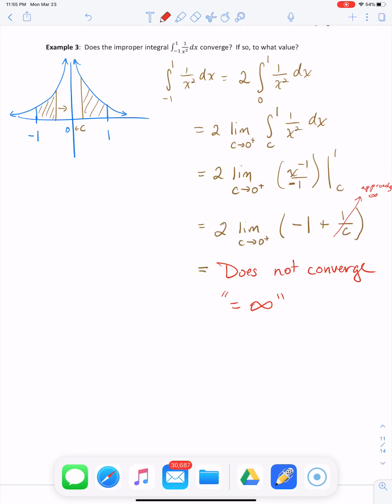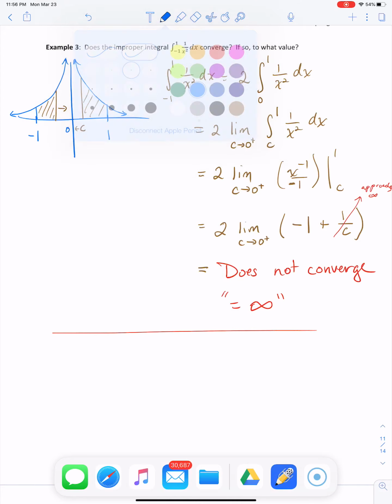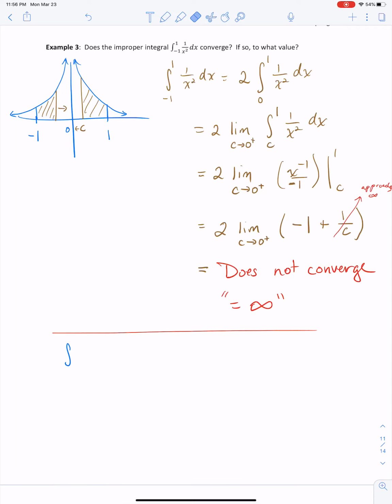In particular, before we go to Desmos, let me just summarize a couple of the interesting things that we've seen.